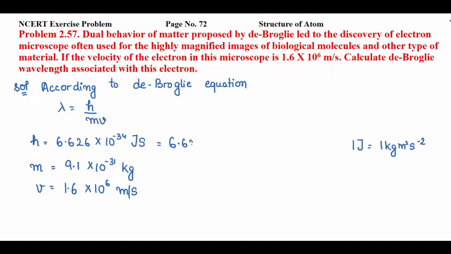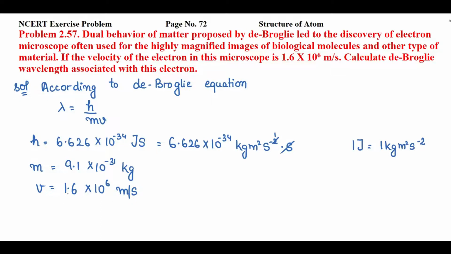So it will be 6.626 into 10 raised to power minus 34, I'll replace joule with this value, so it will be kg meter square second inverse square, right? I'll mention this second over here, right? I'll cancel 1 second with 1 second inverse. So the final unit that I am having of Planck's constant in terms of kg is 6.626 into 10 raised to power minus 34 kg meter square second inverse, right?